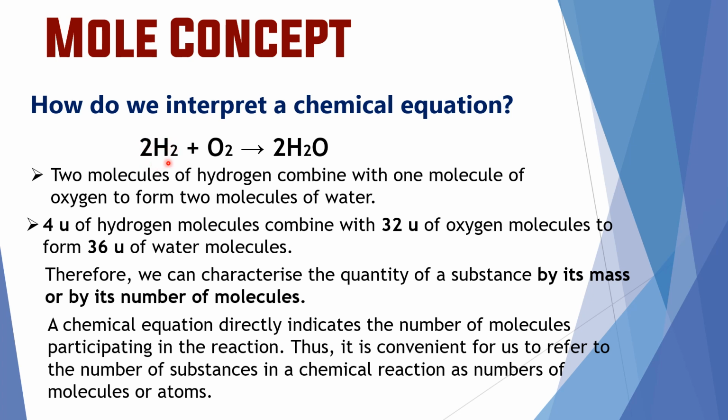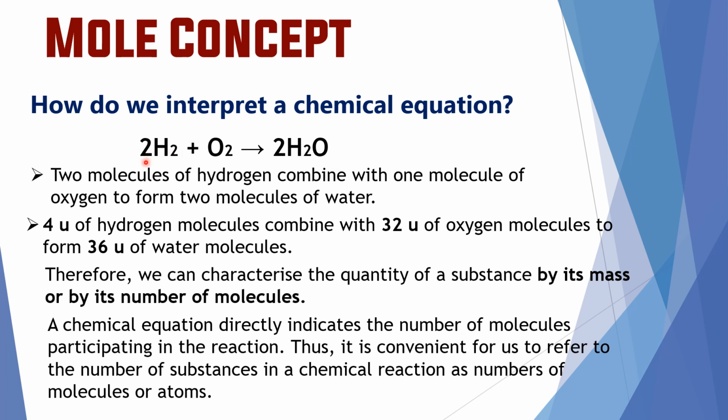So 2 molecules of hydrogen combine with 1 molecule of oxygen, because oxygen is also a diatomic molecule, to form how many molecules of water? 2 molecules of water. Clear?